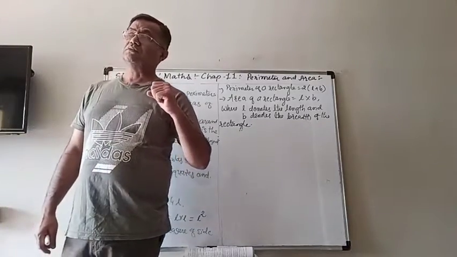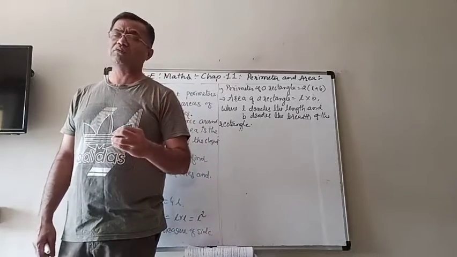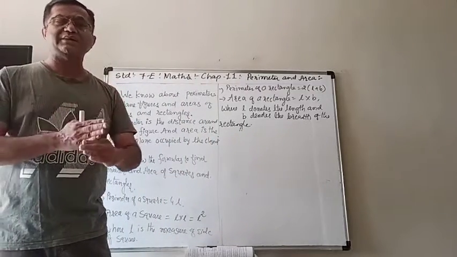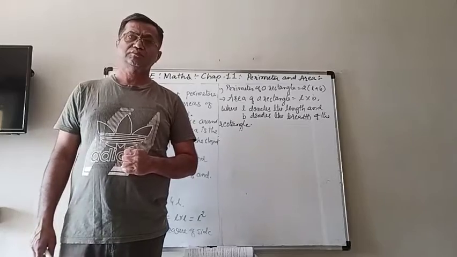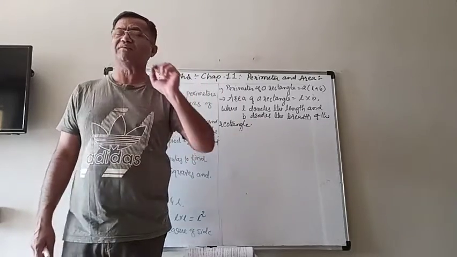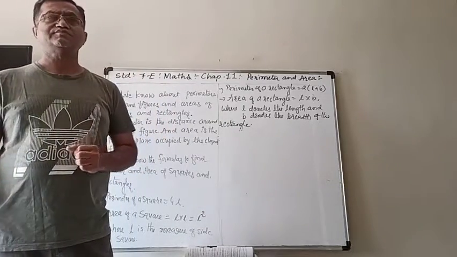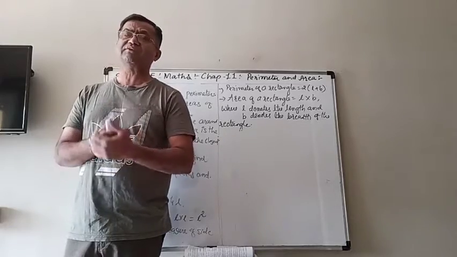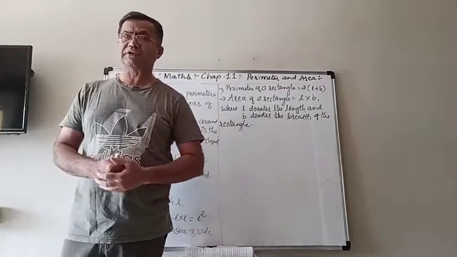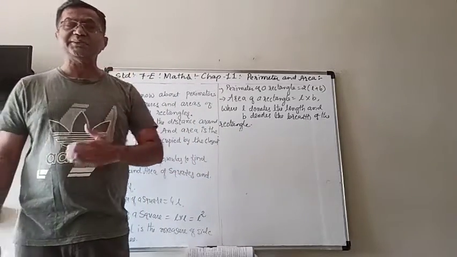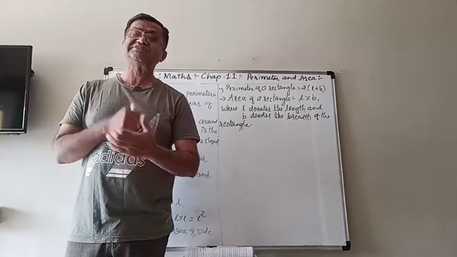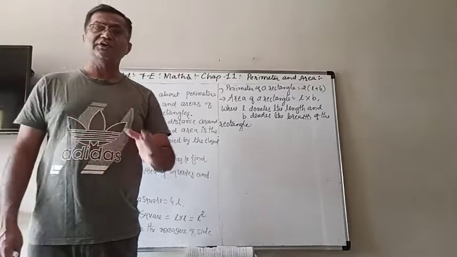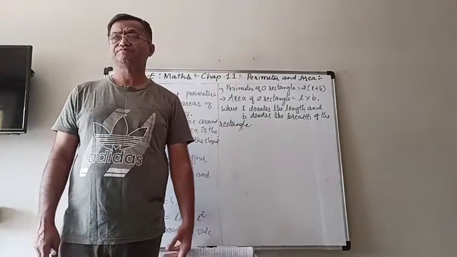Now, sometimes we have to solve basic problems related to perimeter and area. Later on, after these formulas, I will explain that sometimes in the question it is not given that you should find the area or find the perimeter, but from the description we have to decide whether we have to find the area or the perimeter.